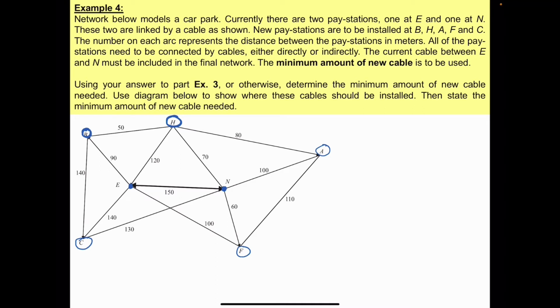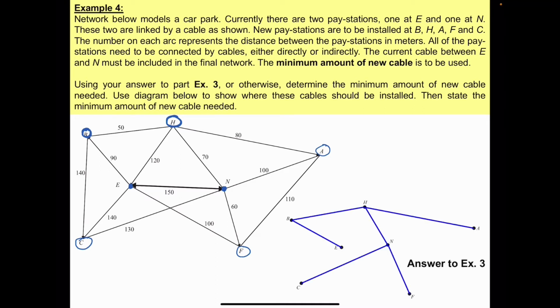So we can use the diagram that we found in example 3. As I know, the length of the minimum spanning tree is 480. That would usually be given. If not, you would just have to add manually all the weights for every single edge.